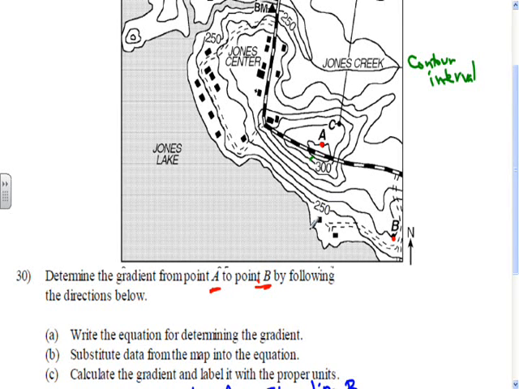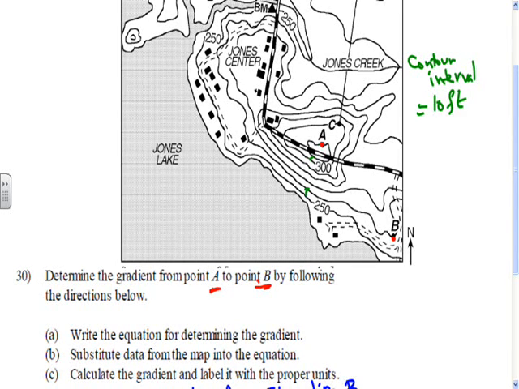Let's go by 5, for example: 250, 255, 260, 265, 270, 275. That's not correct. If we go by 10: 250, 260, 270, 280, 290, 300. So the contour interval is equal to 10 feet.